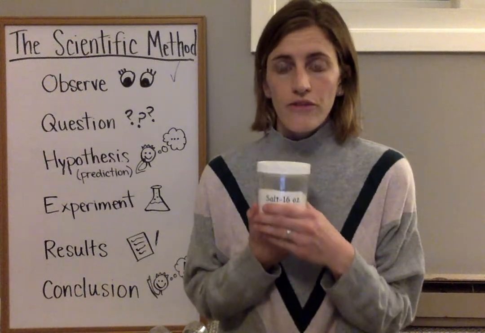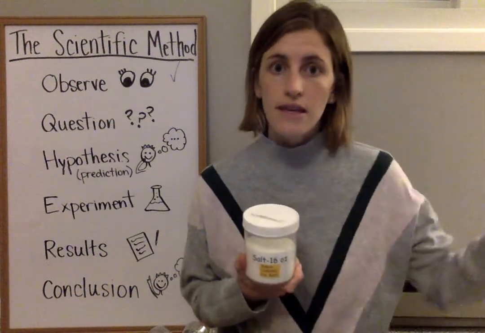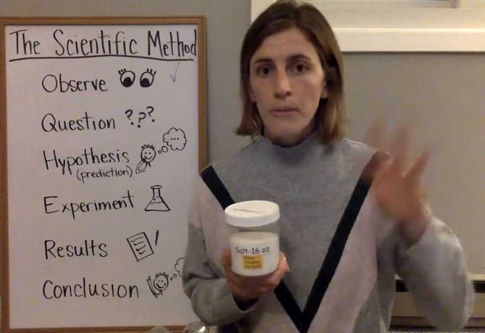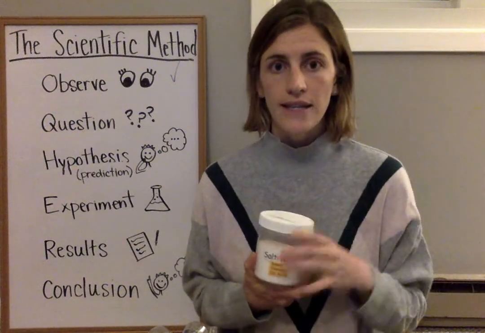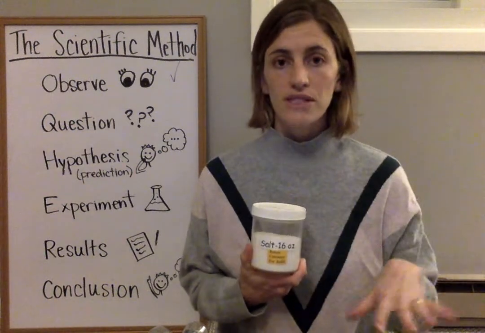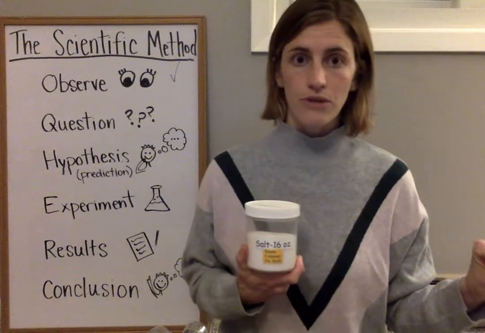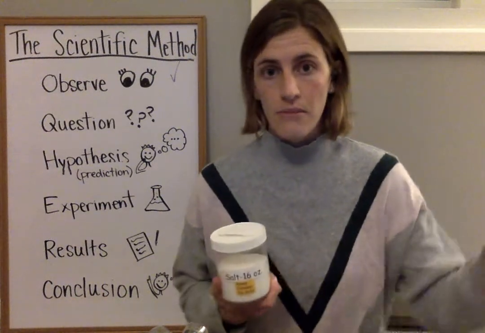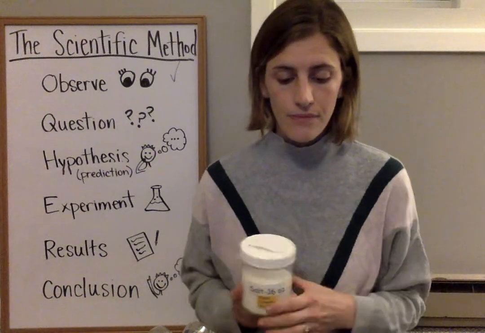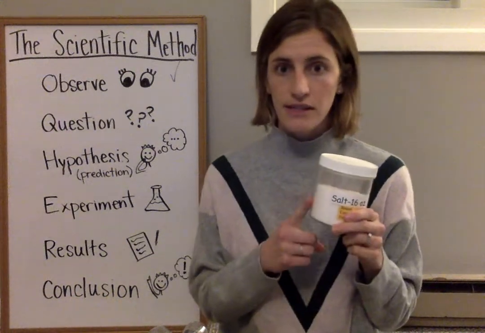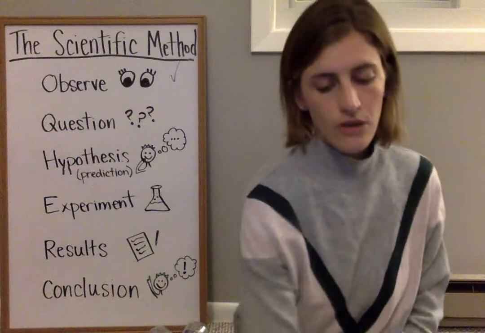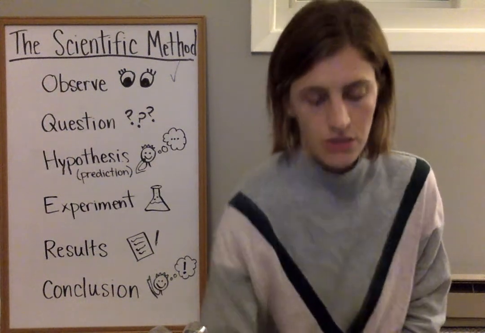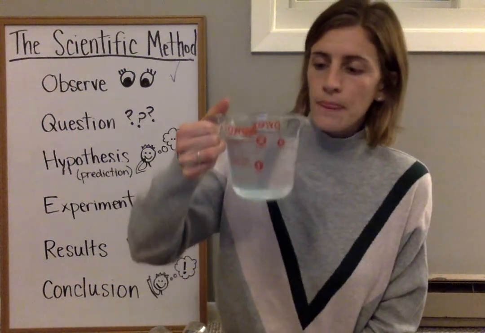The way that the salt from the roads gets into the ecosystems is through meltwater. When the snow and the ice melts, it runs down the roads and it brings that salt to the edge of the road and into the plants and toward the animals that may be in that area. So I am going to introduce this salt into our ecosystem through a solution of salt water.